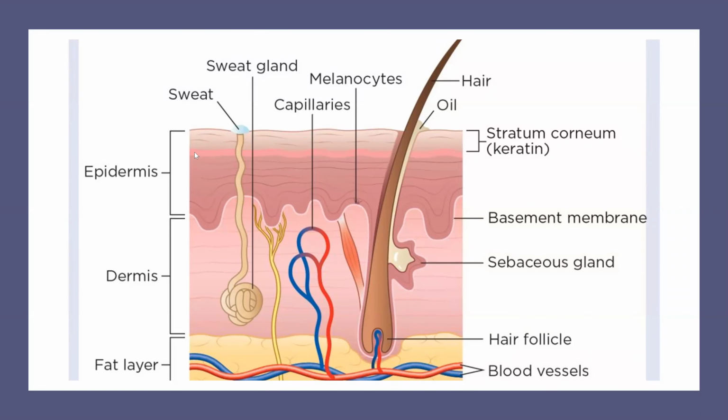So the deeper you go, the more damage you actually do. And once you break this membrane here, certainly you will cause blood because you will damage the capillaries. You can also break the muscle. This muscle is very small. I am not even quite sure if it would be visible on the transection of the skin, but it's there. You will break the muscle that helps your hair move.